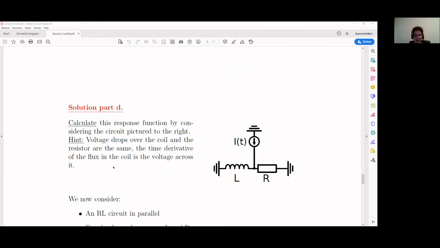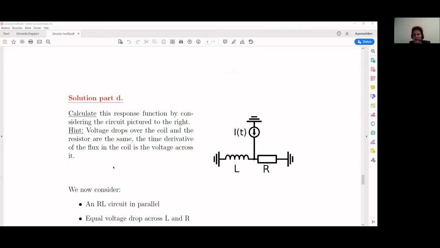And that now becomes nice to consider in terms of the actual physical parameters that we have, because now in the next part, we have to express this response function by actually looking at the physical circuit that the qubit is coupled to. And there's also a hint. The hint is that it's given that the voltage drop over the coil here and over the resistor on the other side is the same.